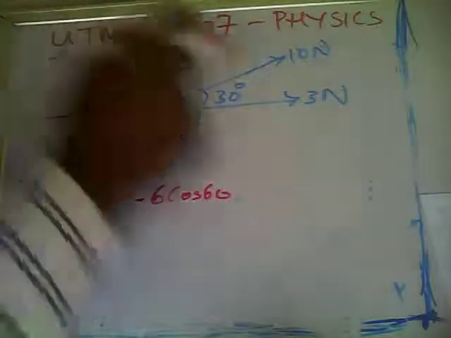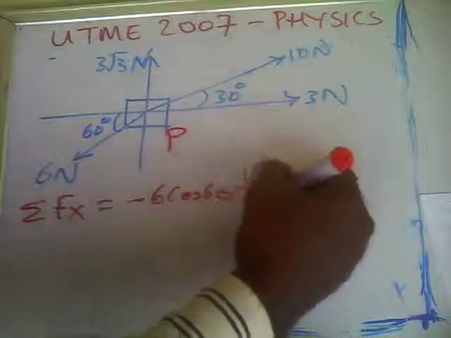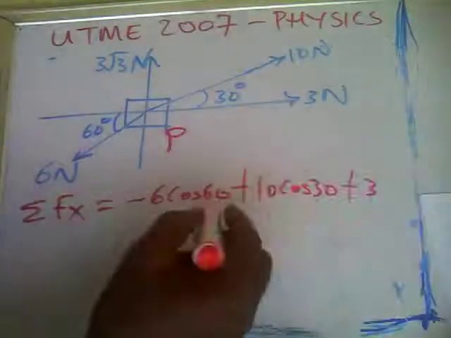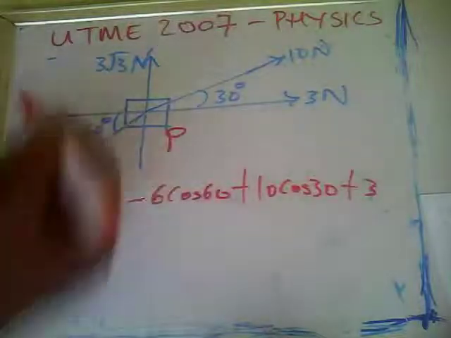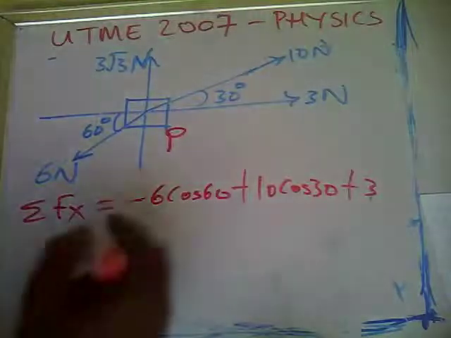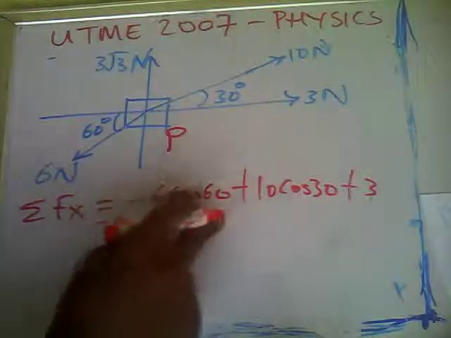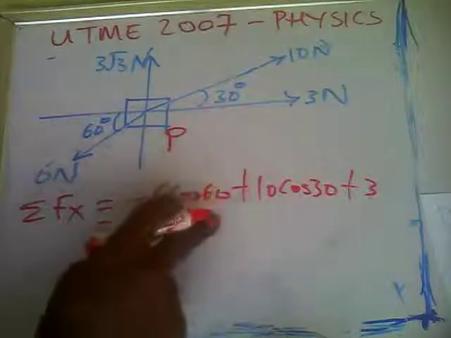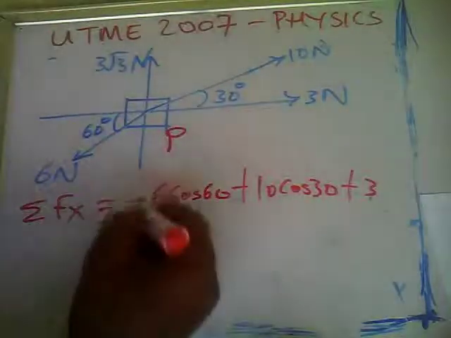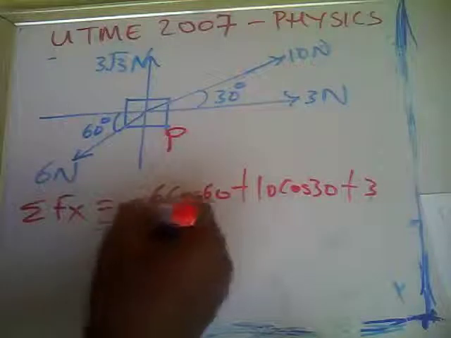Then 10 Newton, that is plus 10 cos 30, then plus 3. Why are we having minus? Because this one is in the negative x-axis, whereas these two are in the positive x-axis. So we have minus 6 cos 60. Cos 60 is 0.5, so minus 6 times 0.5 is minus 3.